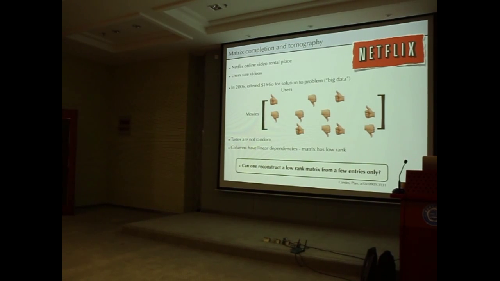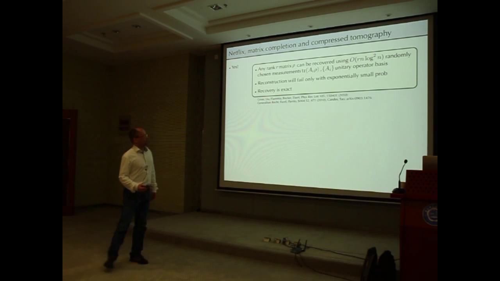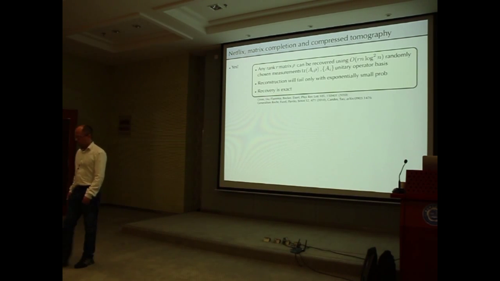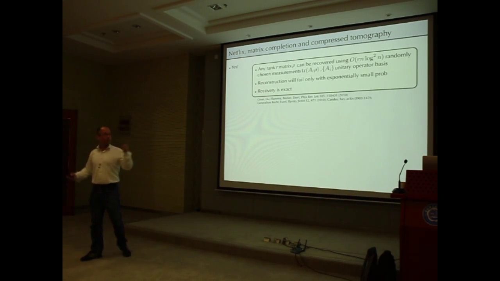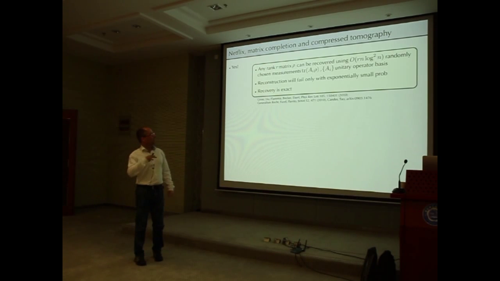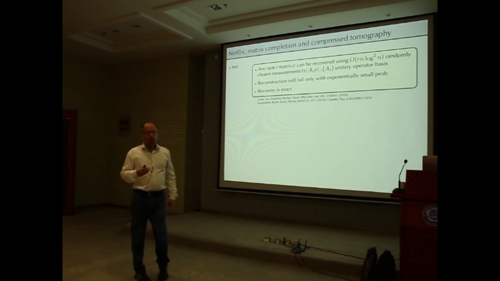So our big contribution here some years ago was to find a general theorem on matrix completion, arguing that a rank R matrix can be recovered not with all points, not n squared points, but only R n polylog n randomly chosen measurements of the type trace A_i rho, with A_i being a unitary operator basis.